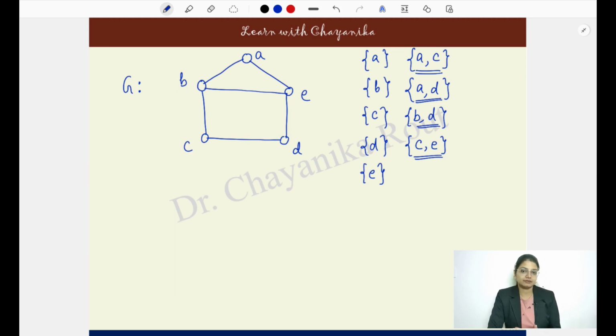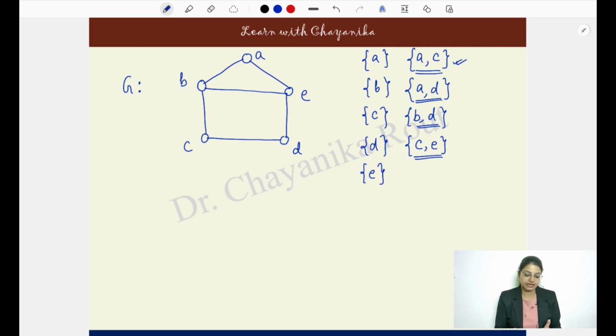Do I have an independent set of size 3? Check if any of these independent sets of size 2 can be increased to an independent set of larger size. AC cannot be extended any further because there is no vertex in the graph which is non-adjacent to both A and C. Similarly, AD cannot be extended any further because there is no vertex which is non-adjacent to both of them.